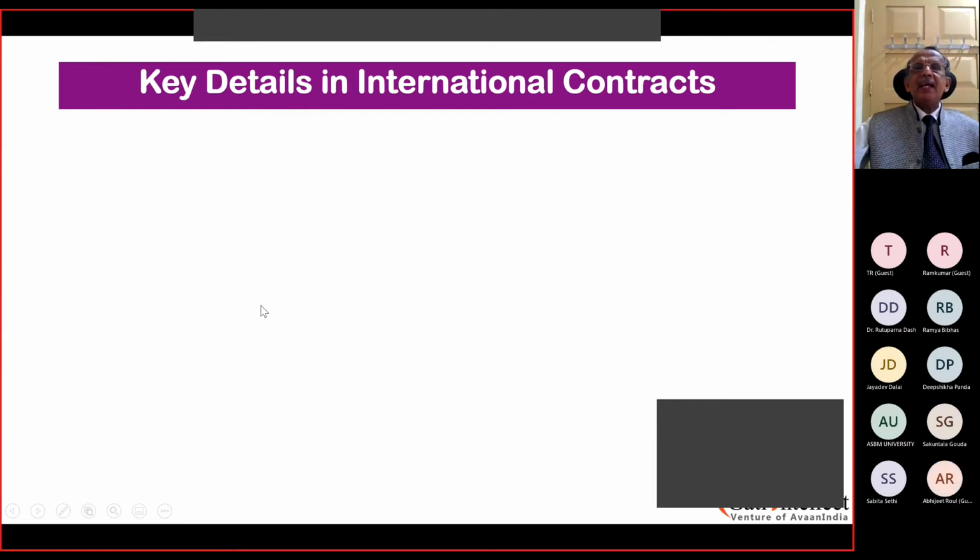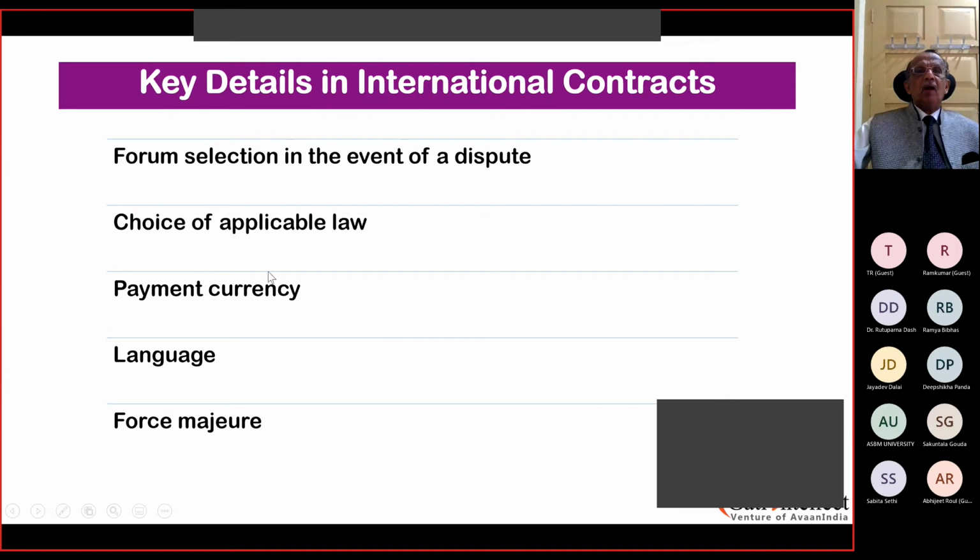Right. Key details in international contracts. Forum selection in the event of a dispute. Let me go to the next one as well: choice of applicable law. These two are very much interlinked, and this goes back to what I just said. It's called the jurisdiction. Which law are you going to apply? Is it the law of the customer in the UAE, or that of the vendor? The jurisdiction in case of a dispute, all this has to be clarified and agreed upon in the contract.